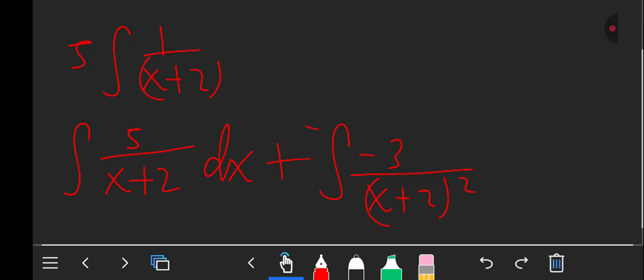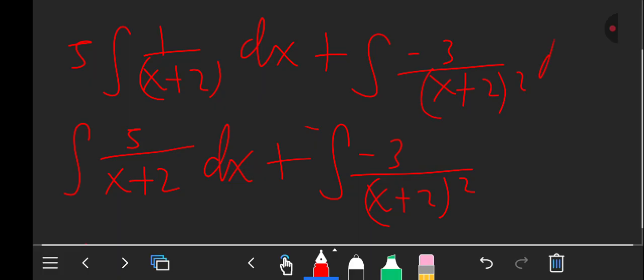So dx, then plus, for this one also, integral of -3 over x plus 2 squared dx. Okay, this is a special case.